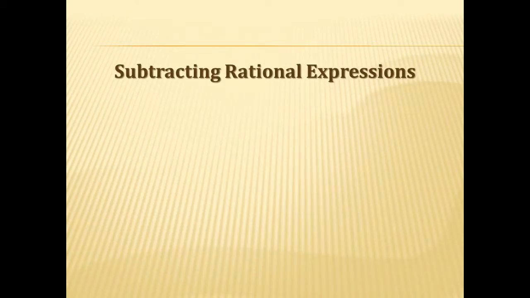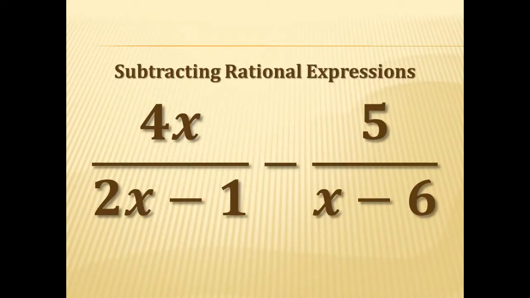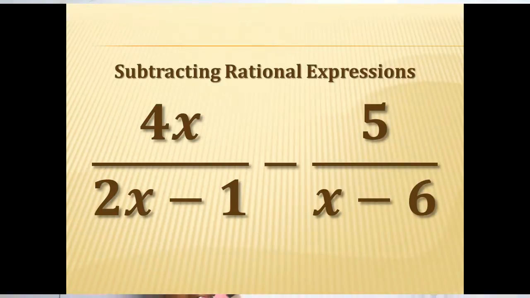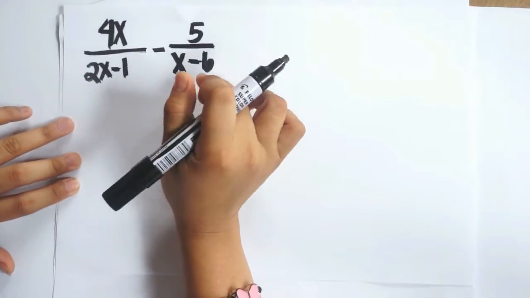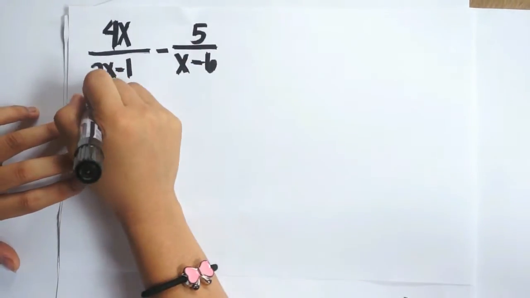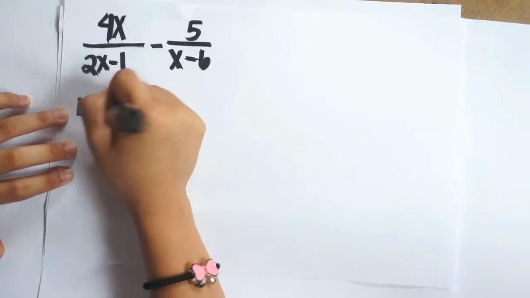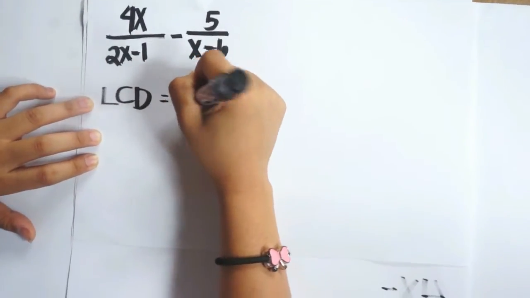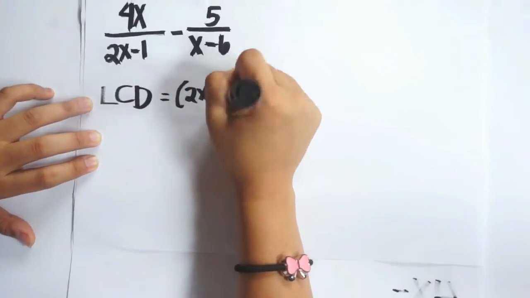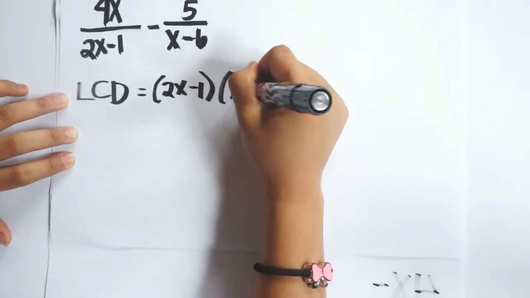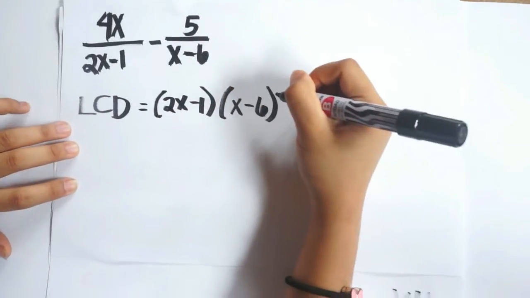Since I have already given an example of adding rational expressions, let us now proceed with subtracting rational expressions. So, 4x over 2x minus 1 minus 5 over x minus 6. Since the two denominators have no common factors, the LCD or the least common denominator will be 2x minus 1 times x minus 6.